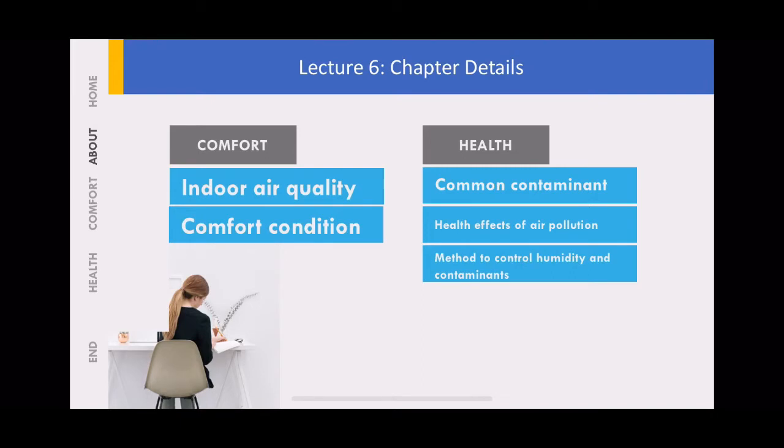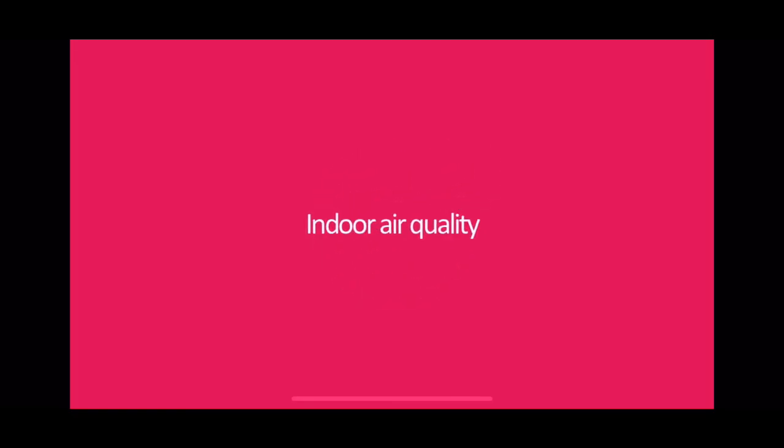So these aspects not just give us a comfortable condition in a space, but also give us health. As you may guess, this week there is not much calculation in the context of comfort and health. The only calculation will be how we add or reduce cooling loads or heating loads appropriately in order for us to stay comfortable inside a space.